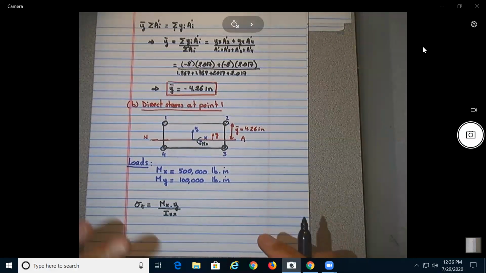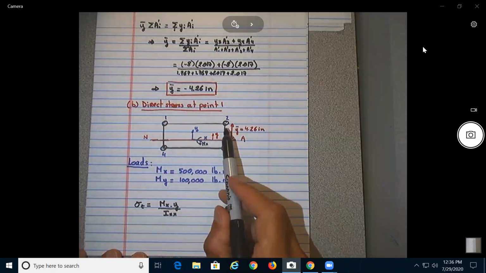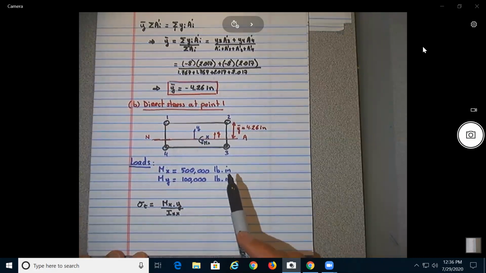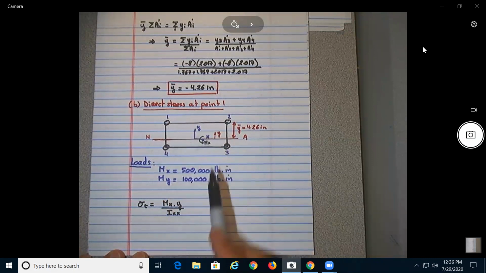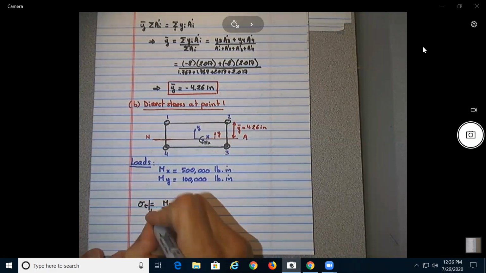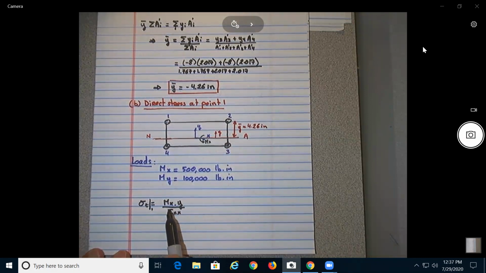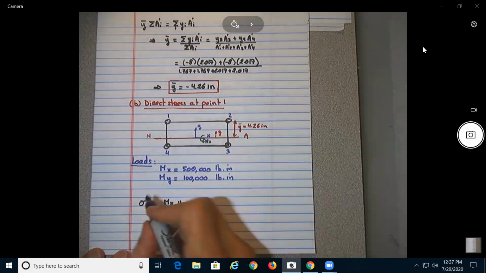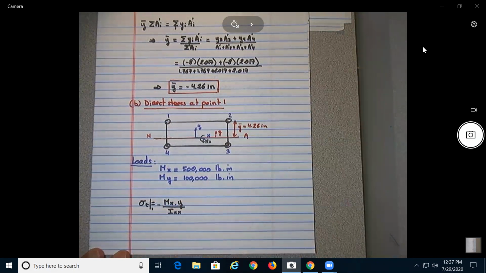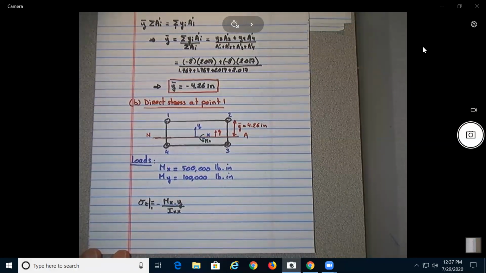So this moment we create, the 1 and 2 will be what? Tension or compression? 1 and 2 will be in compression, no? Okay, so let's say here, stress at 1. If it's compression, that means that it needs to be negative, no? And the y is positive, so I'm going to put a minus sign over here because it will be compression.